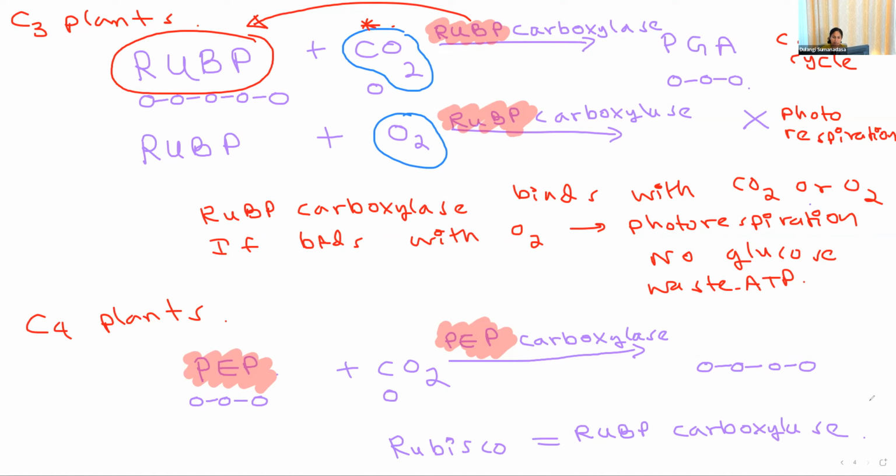So this product's name is, write it down, and then it's going to go through the normal Calvin cycle again. Write down the first stable product the C4 plant is going to form is oxaloacetate.